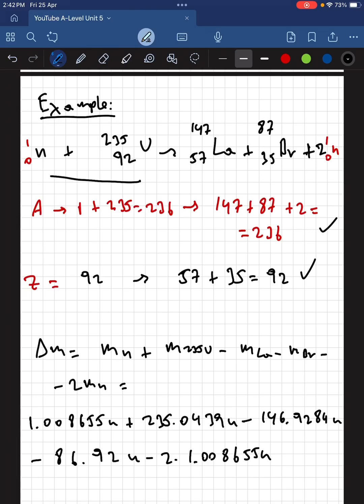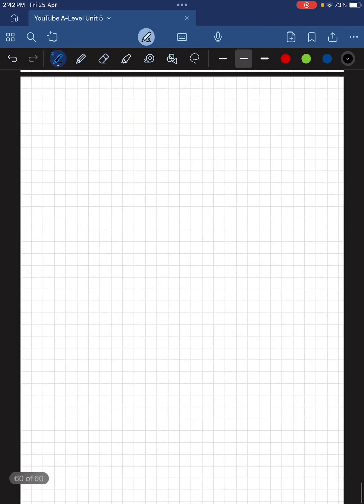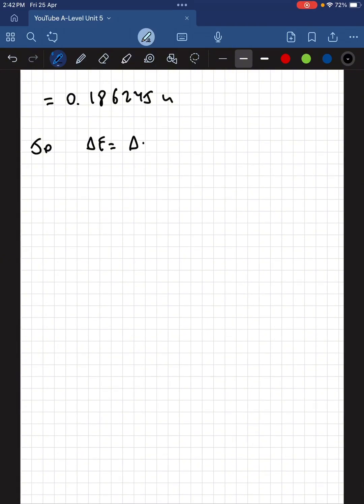Notice that for most elements, their atomic mass is about equal to the mass number times U, but this has to be given to you. Anyway, if we make these calculations, we find 0.186245 atomic mass units for the mass deficit. That mass deficit converts to energy, so we use delta M C squared, and we get 173.9 MeV.